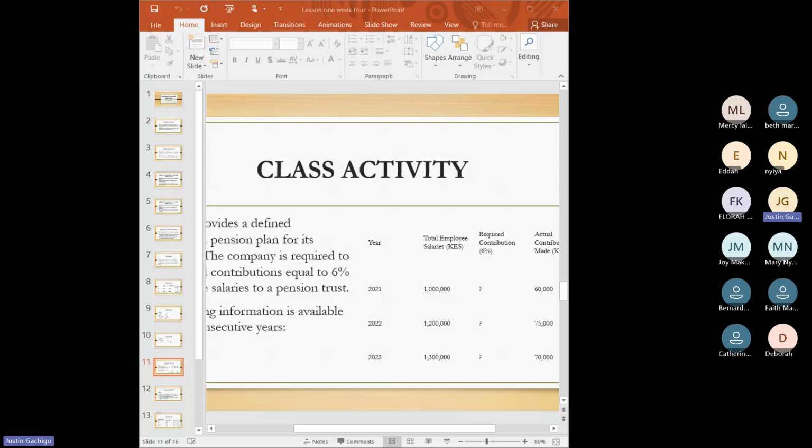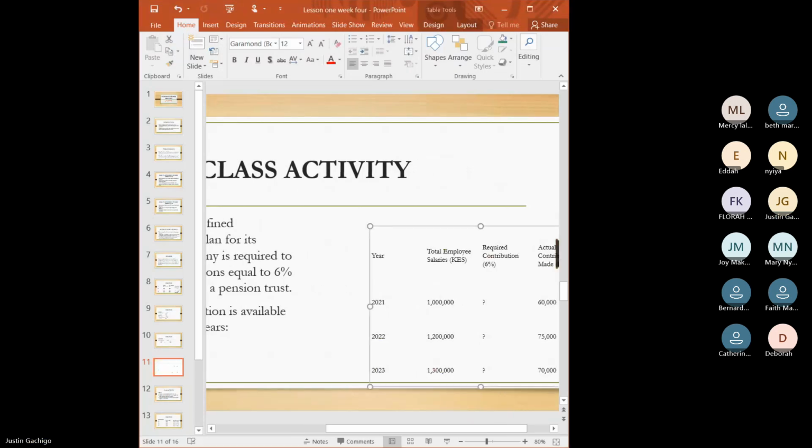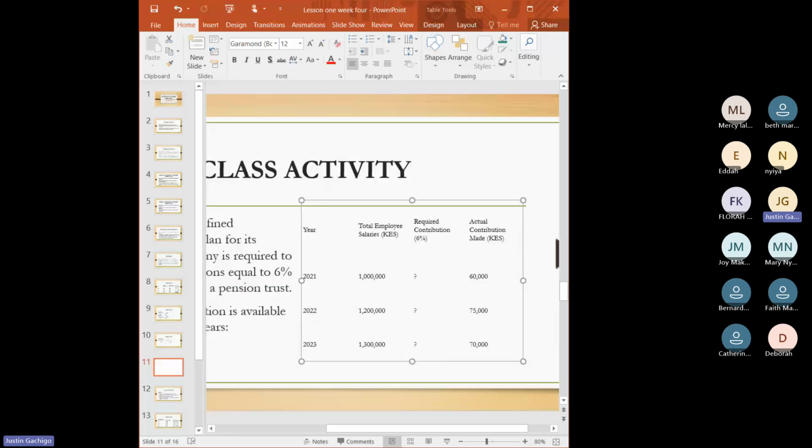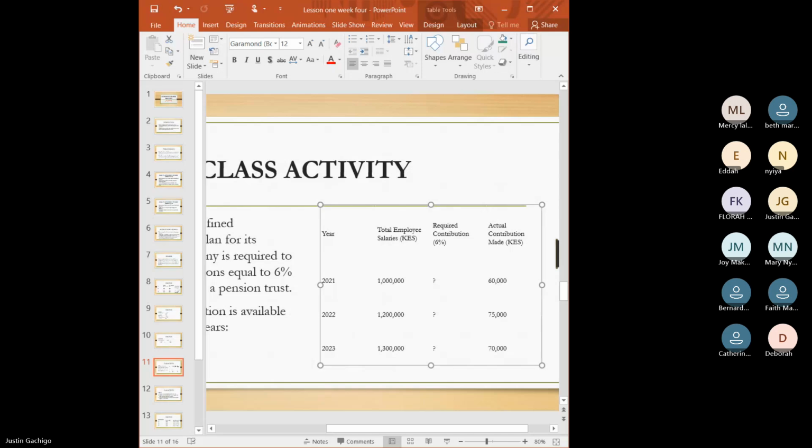So in that case, are we going to have any deficit, or are we going to have any excess? The company is required to contribute 60,000, and they did contribute 60,000. So in this case, you're not going to have any liability because we have already made the actual contribution. And this is where the double entry that you're going to pass is where we debit the pension expenses and we credit cash or bank.